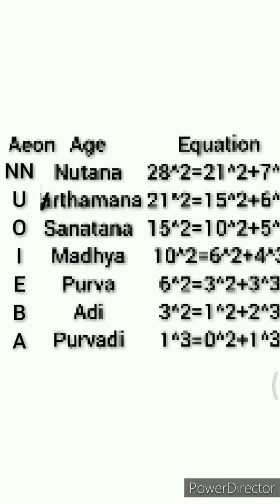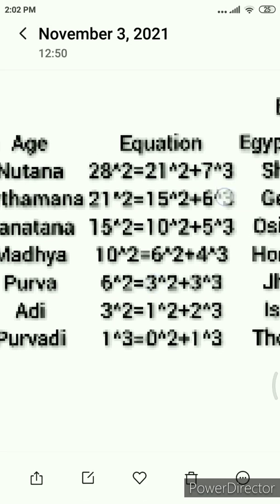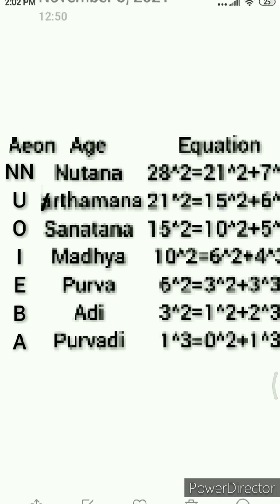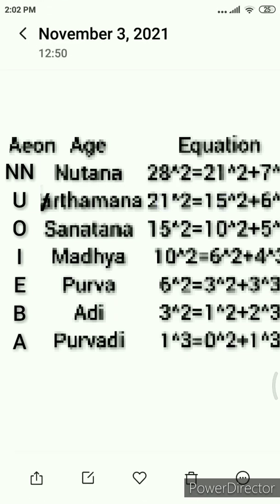How many? 1, 2, 3, 4, 5, 6 cubes. This is 6 cube, and 15 square is 5 cubes. So this will split into 6 cubes.